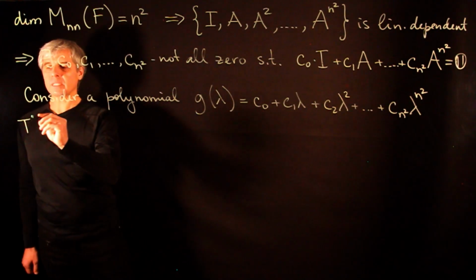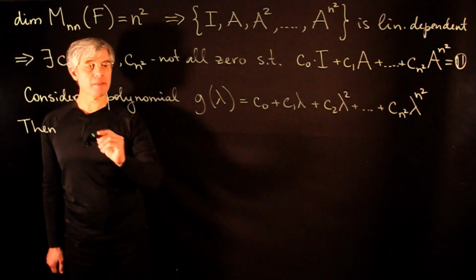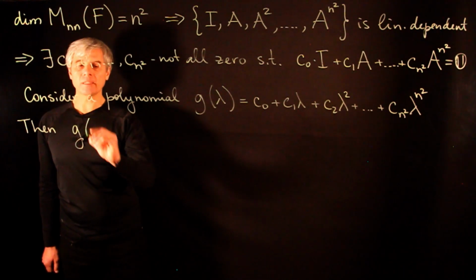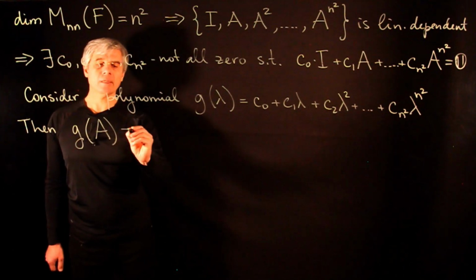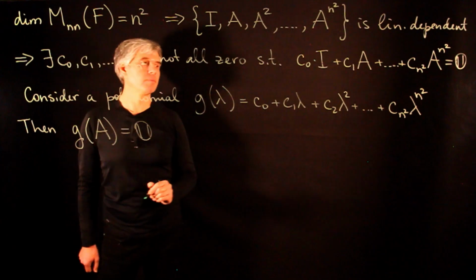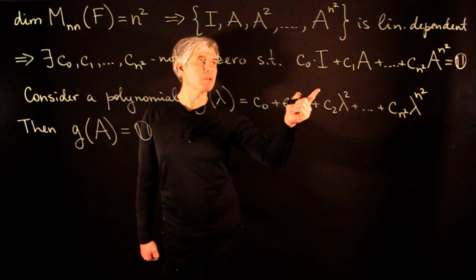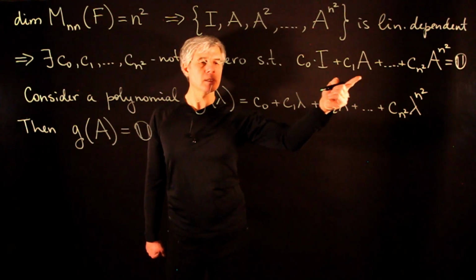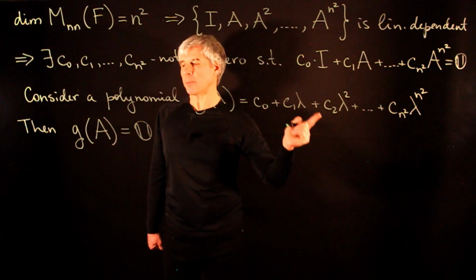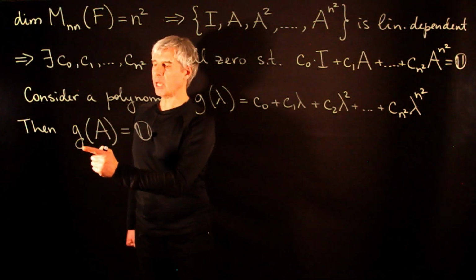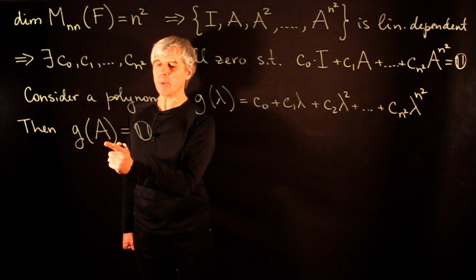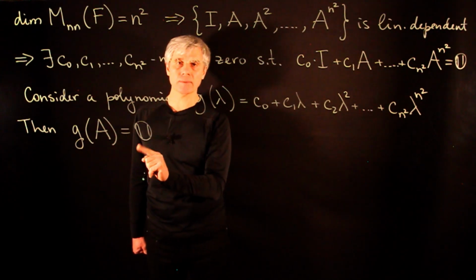Then the previous identity tells us that g evaluated at matrix A is equal to a zero matrix. And we establish the following result, that for any matrix, there exists a non-zero polynomial such that when we evaluate this polynomial on this matrix, we'll get a zero matrix.